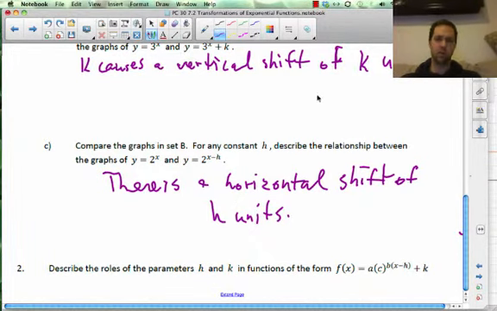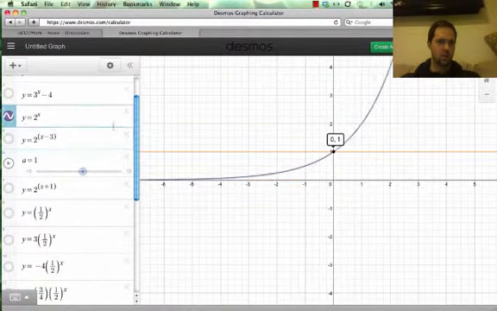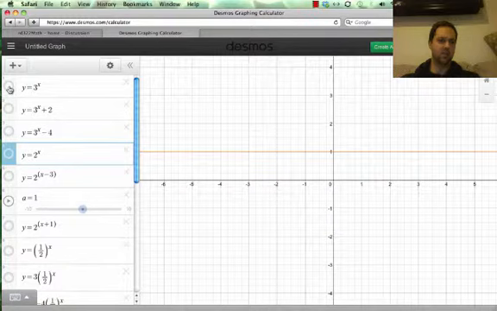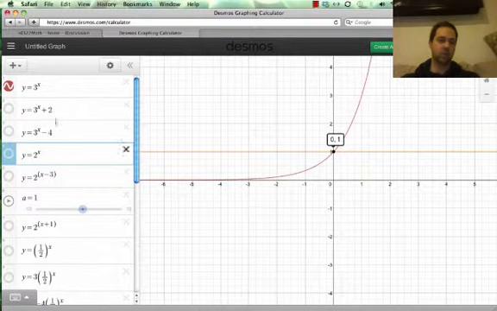Now, one more thing to note about the vertical shift that I should have pointed out before. Let's just go back and take a look. Normally with our y equals c to the x function, we have a horizontal asymptote at 0, so it will never cross that 0 line.